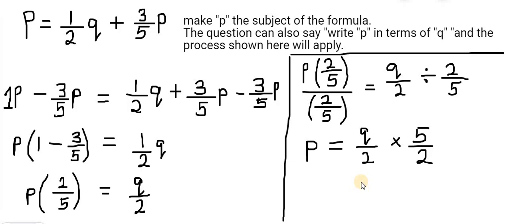Now, P is equal to q times 5. That's 5q. And 2 times 2 at the bottom, that's just 4. So P is the subject of the formula, and it's equal to 5q over 4. And at the same time, we can also say P is in terms of q. Different way of writing a question, but the process to getting the answer is the same.